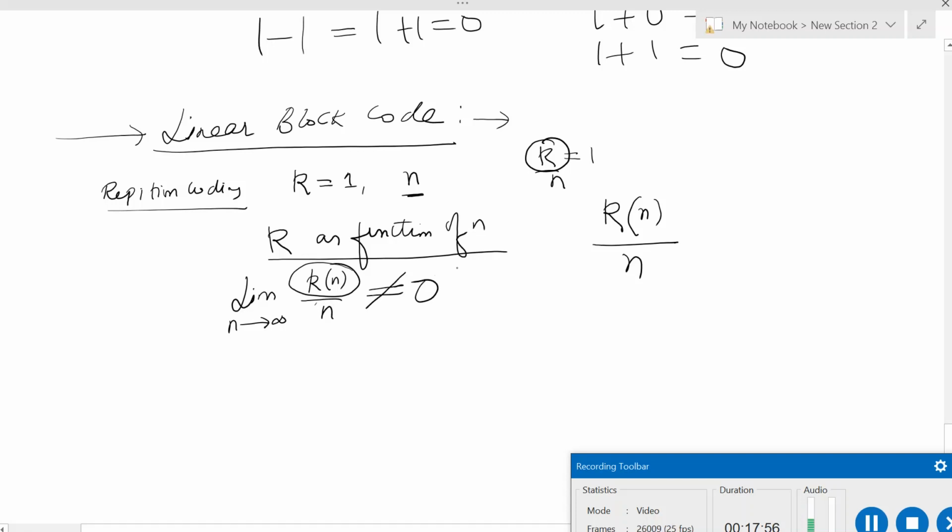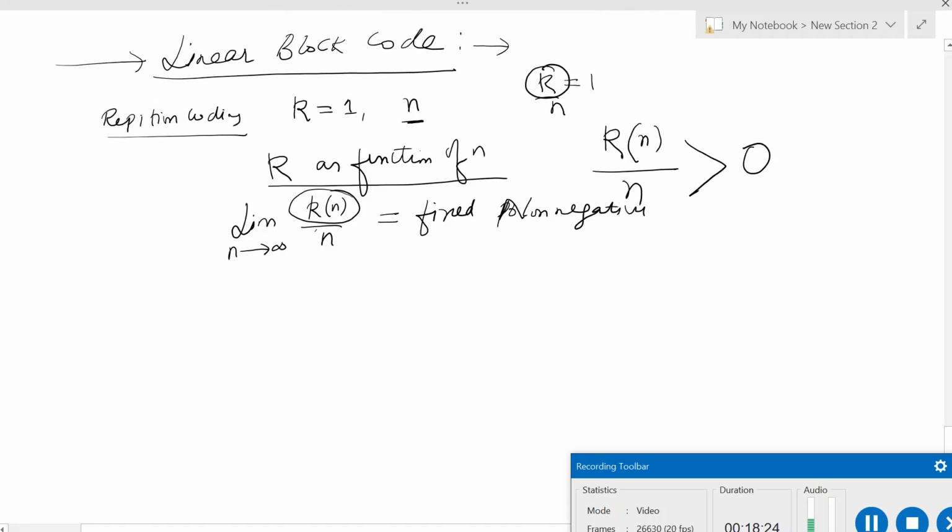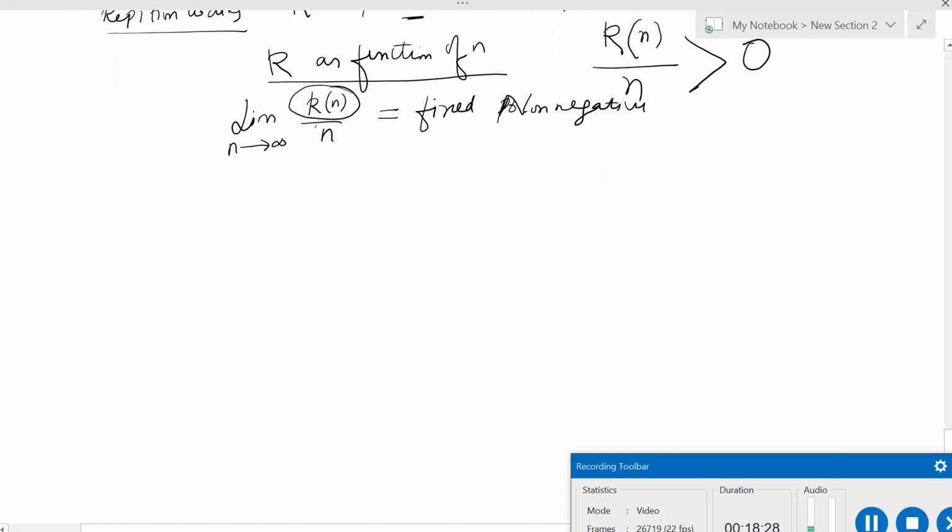We can choose k of n and n mathematically in such a way that the limit as n goes to infinity of the ratio is some fixed non-negative number. It can be strictly chosen greater than 0. So we will get a code rate which is non-zero always, and we can take very large n. You just hold on, it will become clear later on.